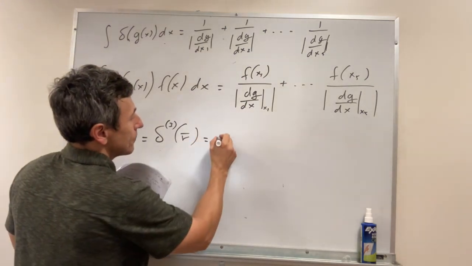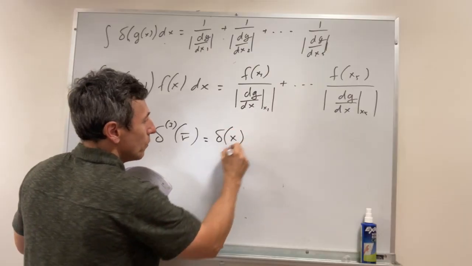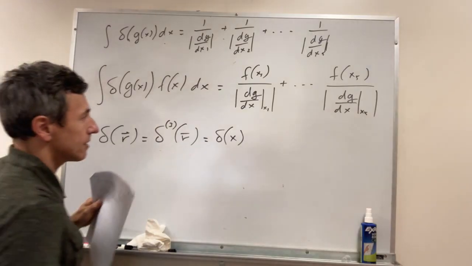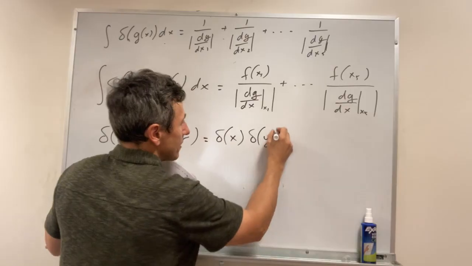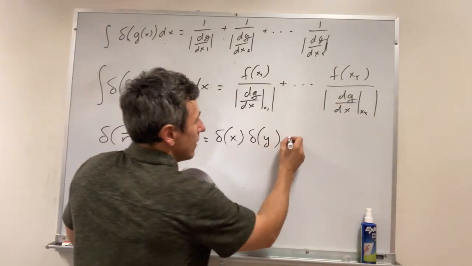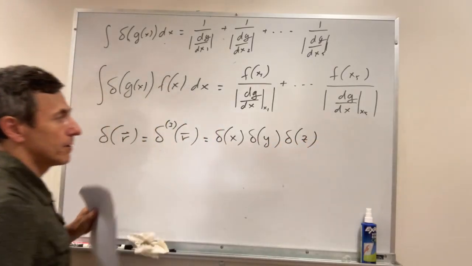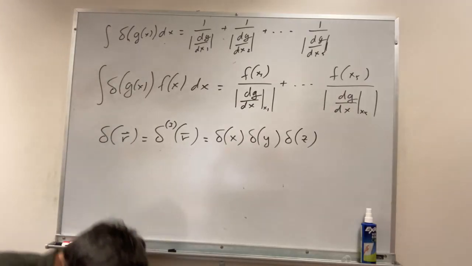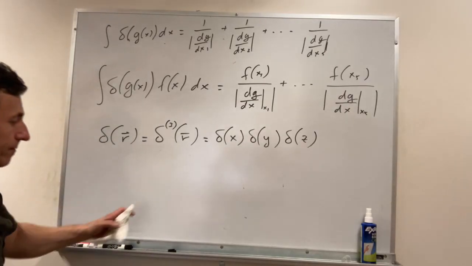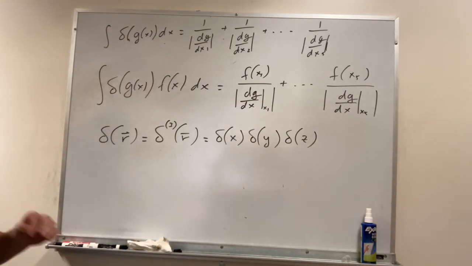By definition, it has the following structure: a one-dimensional delta function which depends on x, one which depends on y, and one which depends on z. Each of these delta functions is defined as a one-dimensional delta function. So this is the structure of the definition of the delta function for the three-dimensional case, and similar for the two-dimensional case, and so on.